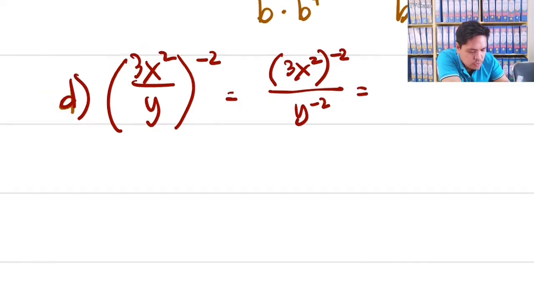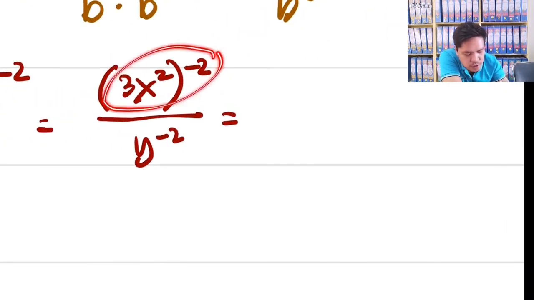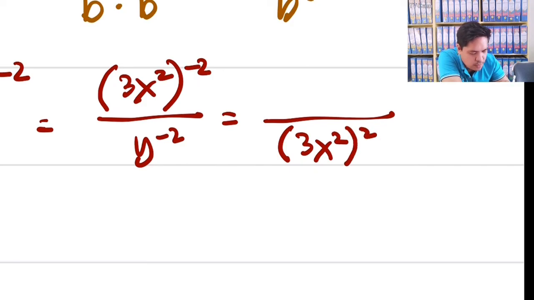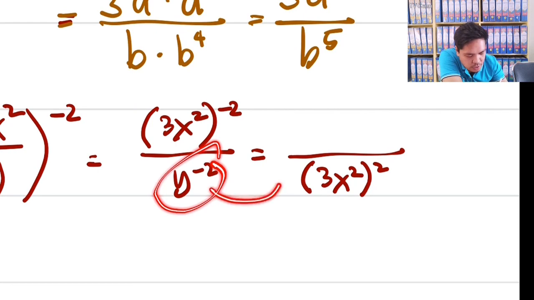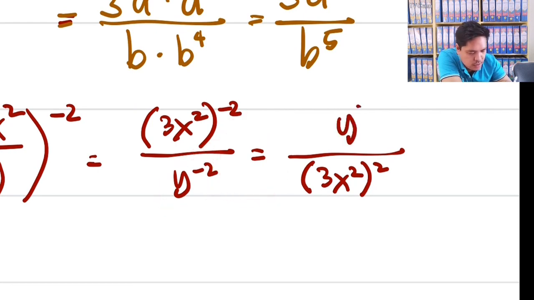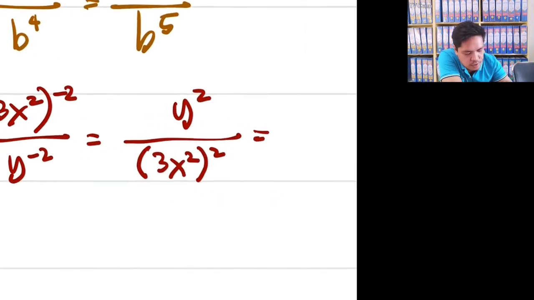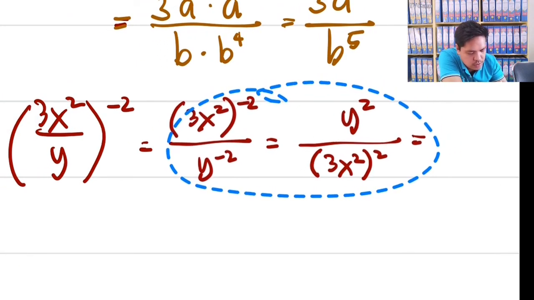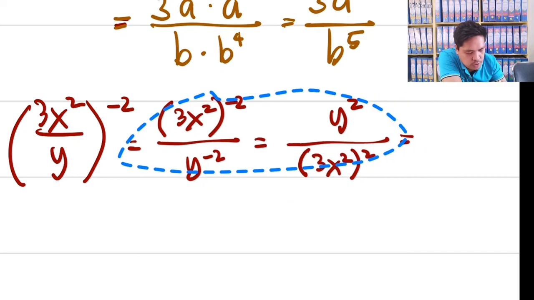Okay, sunod. Since negative exponent yung nasa taas, ilipat natin siya entirely sa baba. So, ilipat natin sa baba, 3x squared, positive squared na. Okay? Tapos ito, negative yung exponent niya, ilipat natin sa taas, y squared. And simplify, wait, let me adjust my doorbell.